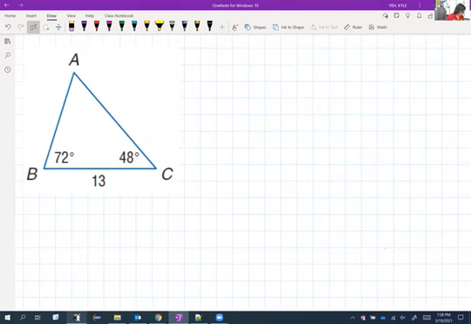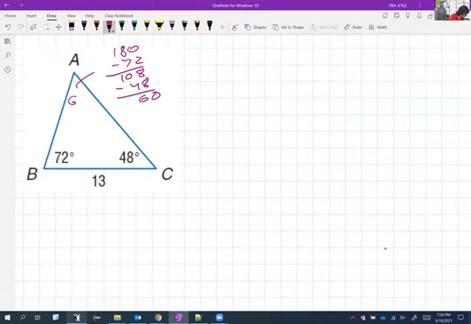Let's figure out our missing angle first. So 180 minus 72 is 108, minus 48 would be 60. So this has to be 60 degrees. Now I have a perfect pair. And in my book, once I have a perfect pair, I'm just going to ride law of sines all the way to the finish line.